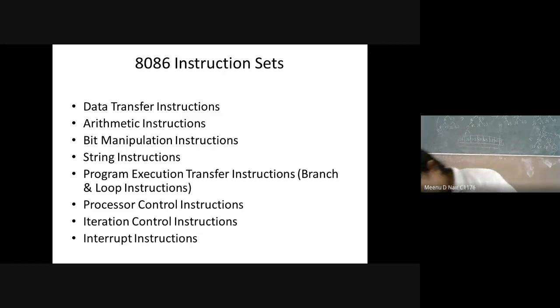So these are the 8 instruction sets available in the 8086 microprocessor. All the instructions are different, so you cannot use the same instructions that are there in 8085. The instruction set is different for 8085 as well as 8086.